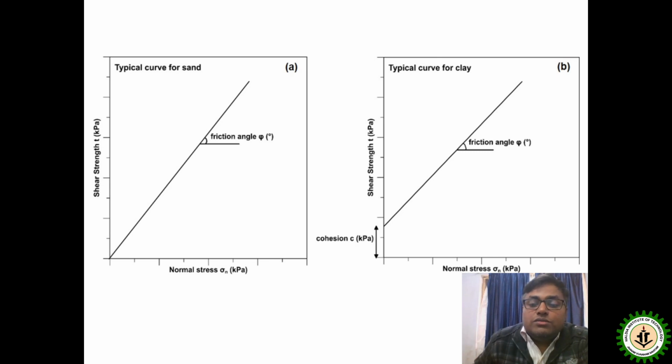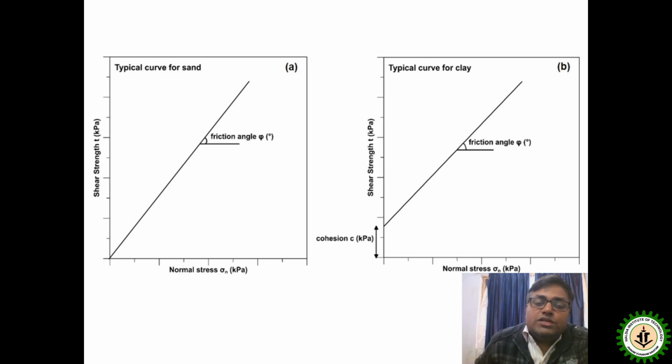So this is a typical normal stress and shear stress curve, plotted on an ordinary graph paper. Normal stress along the x-axis and shear stress along the y-axis. So the sigma, tau values will be plotted, and they will be joined by a straight line.